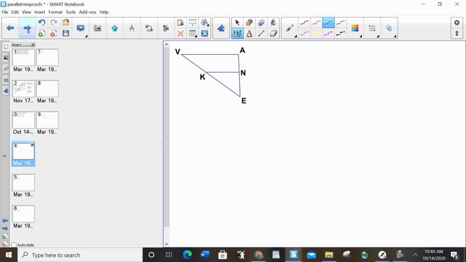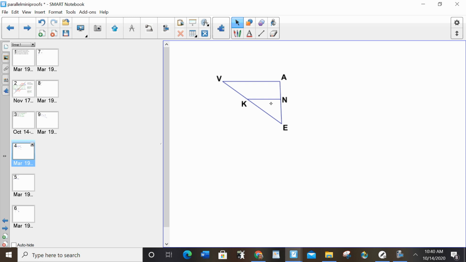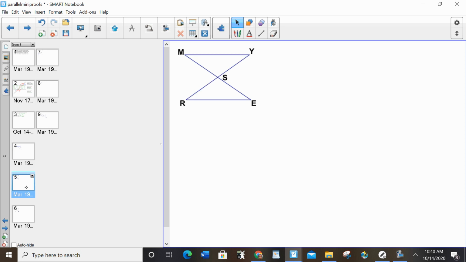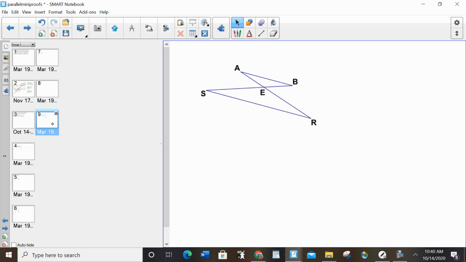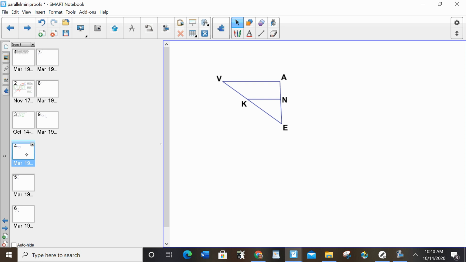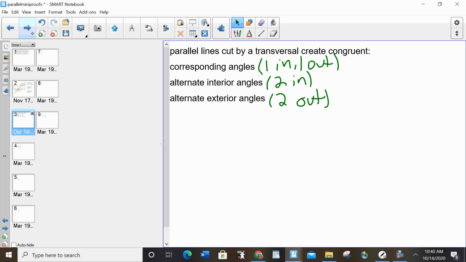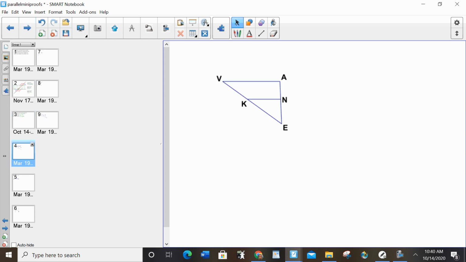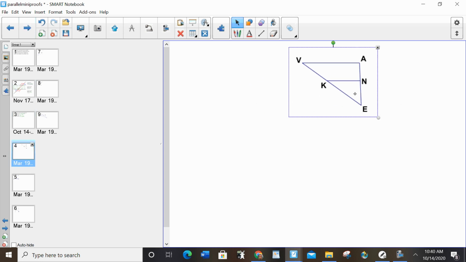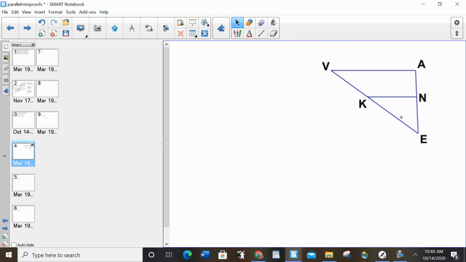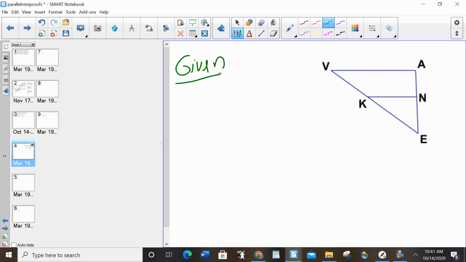Now, I want to see, I feel like this wasn't number 1. I guess it was 3, 4, 5, 6. Now, I want to see this picture whenever I see parallel. So my given was VA is parallel to KN.